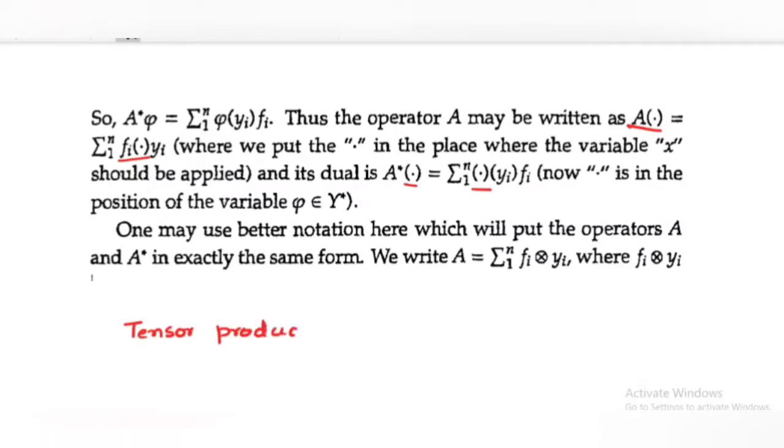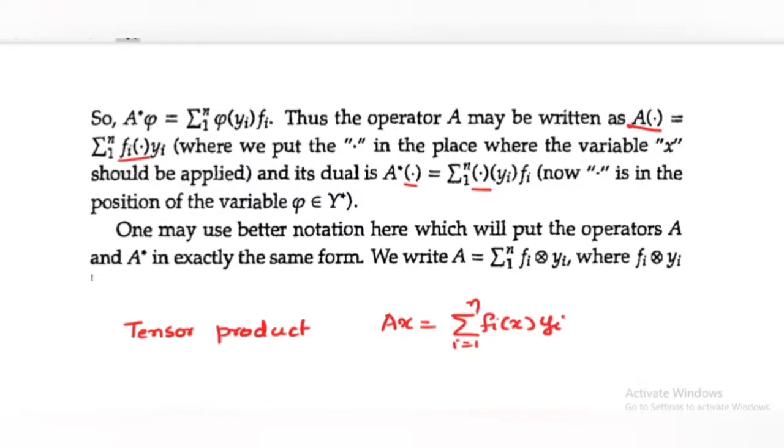So what is Ax? Ax is sigma i equal to 1 to n of phi_i of x into y_i. This notation is written like this: phi_i into y_i.